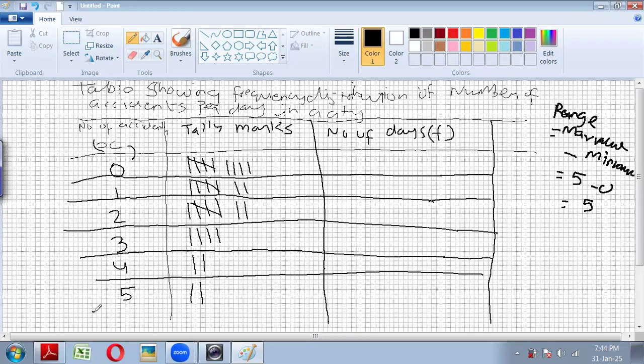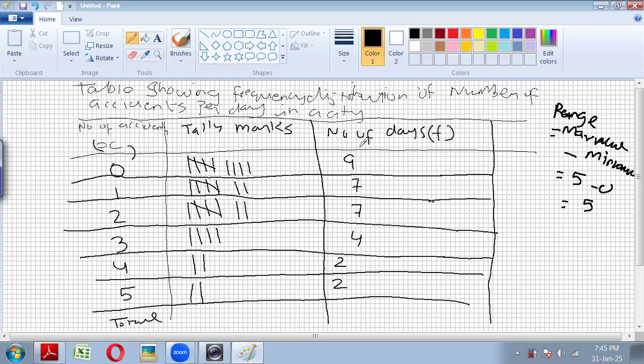We have to make one more row over here, and here we will write the total, right. Now whenever the lines are like this, one bundle is complete; one bundle has 5 tally marks. So this is 5 plus this is 1 2 3 and 4, so 5 plus 4, this is 5 plus 2, 7, this is 5 plus 2, 7, this is 4, this is 2. This is 2.